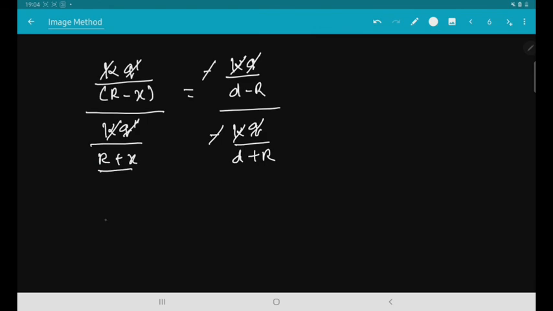This denominator's denominator will come in numerator, and this R minus X will go in denominator. D plus R will be in denominator, D minus R will be in numerator.